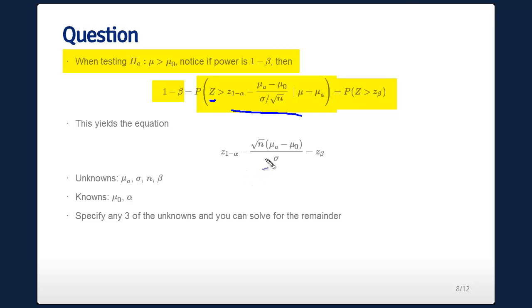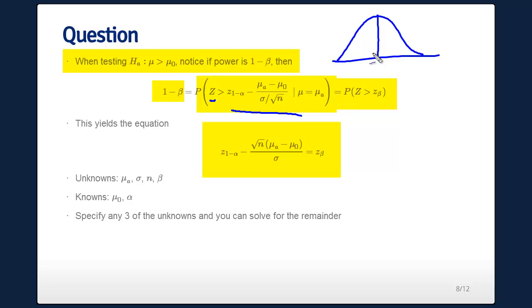And so this equation right here, Z alpha, let me just draw a picture in case you're having trouble. So this is the distribution, which is a standard normal. The probability it's larger than this quantity right here is equal to 1 minus beta, where this is beta right here.